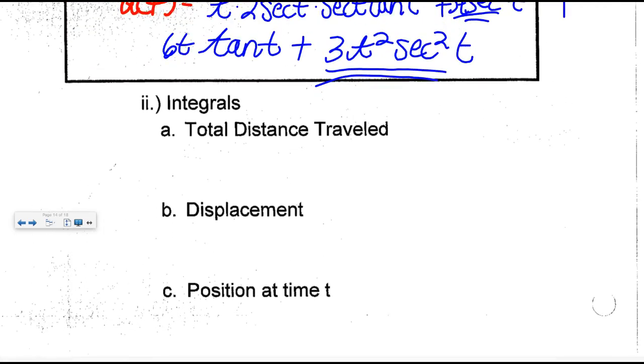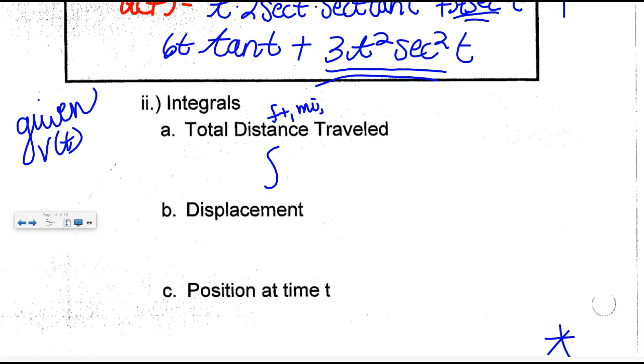For integration there were some formulas, and I'll quit at the bottom of this page, that you need to be comfortable with using. Usually with these, you are usually given, I'm saying usually, the velocity function, or you can find it. Total distance traveled is a question about feet or miles or yards. You can see in the label that this is about position.